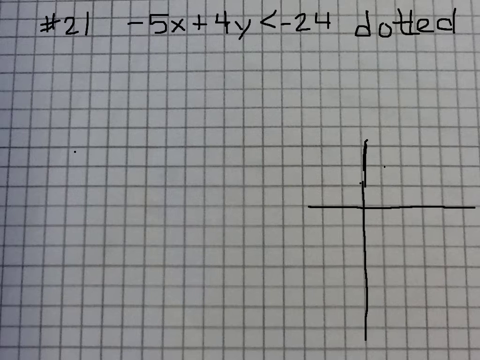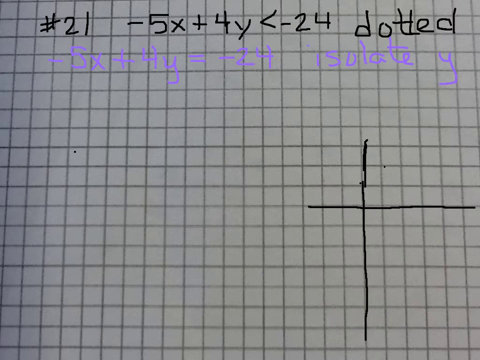So let me use a different color. I have negative 5x plus 4y is equal to negative 24. I'm going to put it in y-intercept form, which means I'm going to isolate my y.